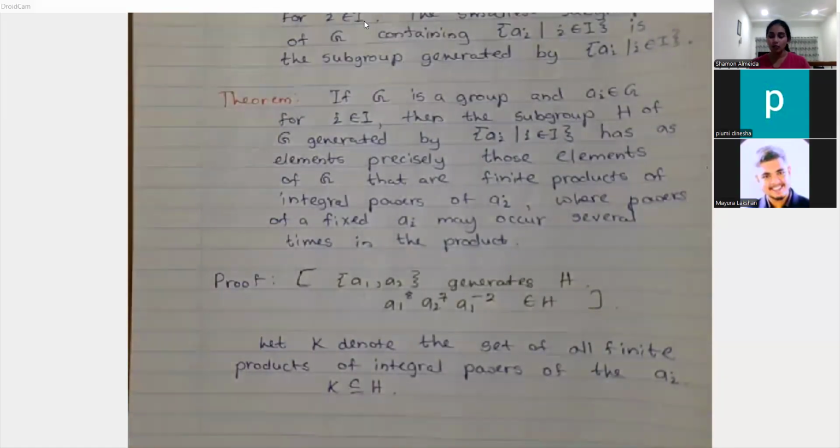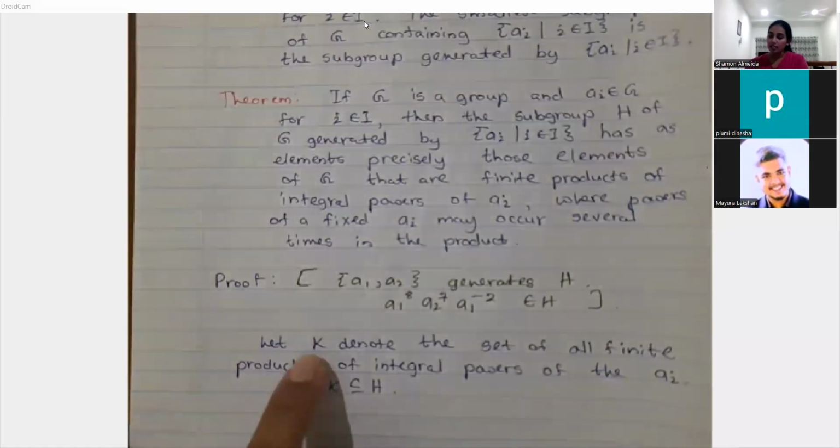Why would it conclude that K must equal H once we show that K is a subgroup of H? Because all these a_i generate H. In other words, by definition, H is the smallest subgroup containing all these a_i, right?